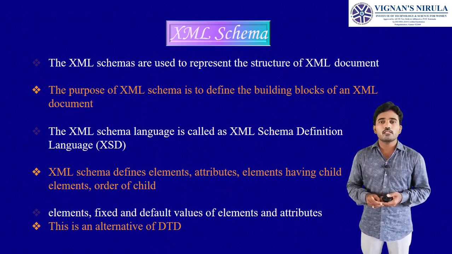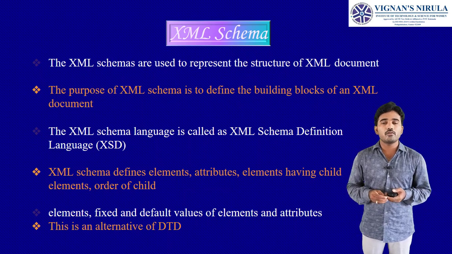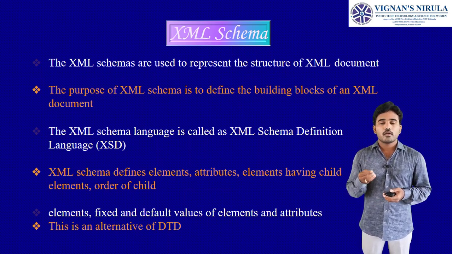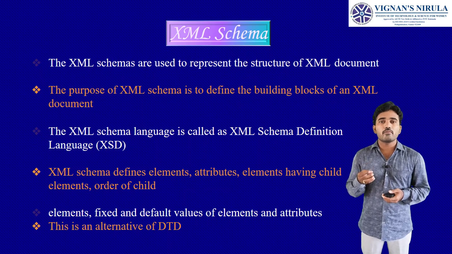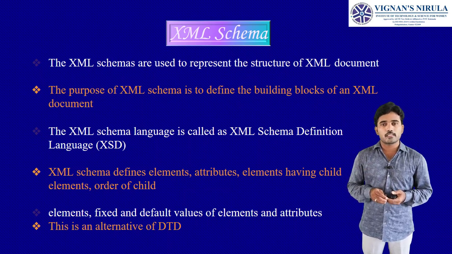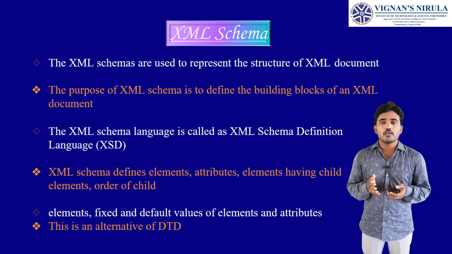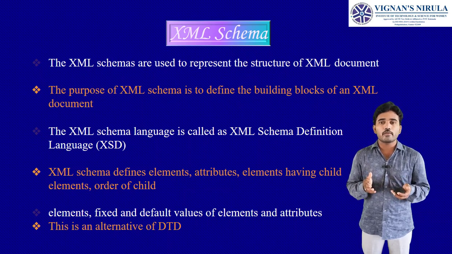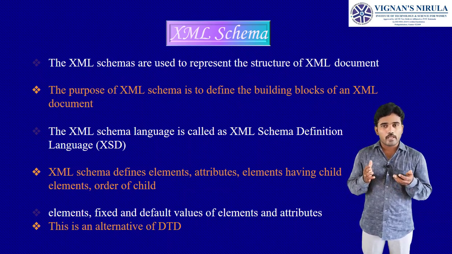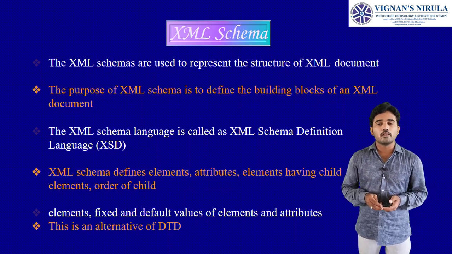While saving this XML schema definition, you need to write it in a separate file and save it with the extension .xsd. This XML schema defines the elements, attributes, the elements which have child elements, the order of the child elements, and the fixed and default values for the attributes and their corresponding elements.